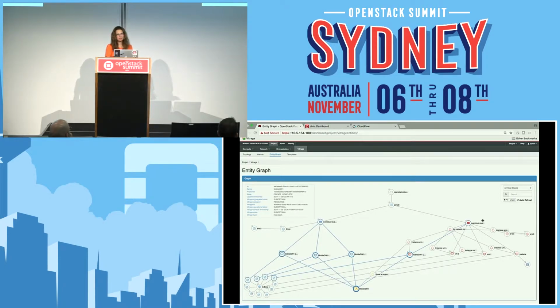A large area became red. Some resources are in error state. The host is in error. Nova is not aware of the problem with the host. Nova is not monitoring the host, and Vitrage is notifying Nova that the host is down. The host is in error, and the Heat stack is also in a suboptimal state. This is all done by Vitrage.